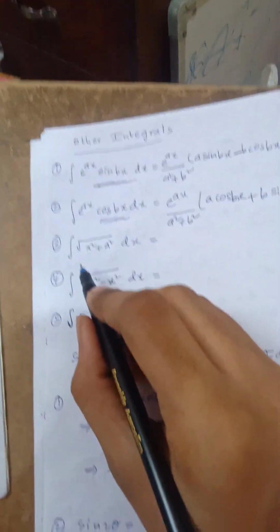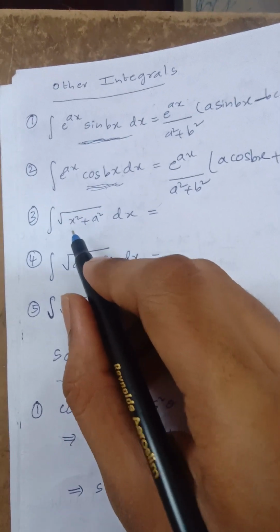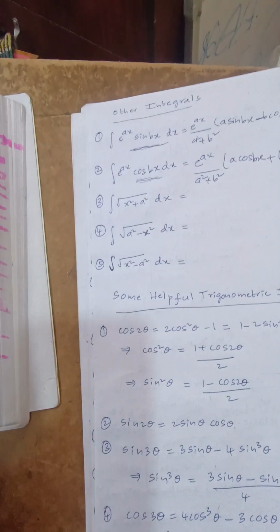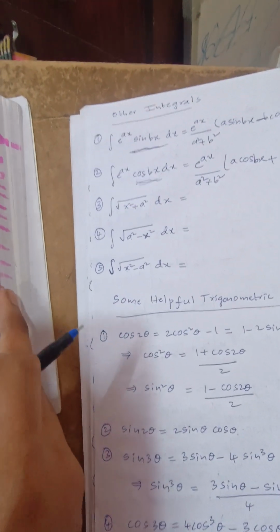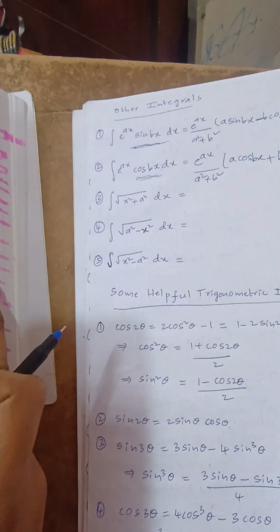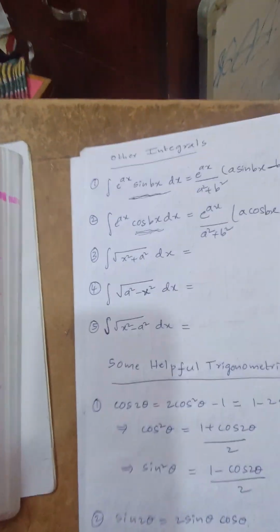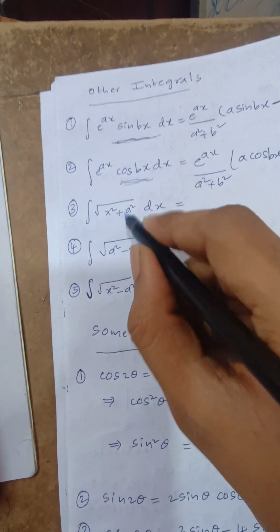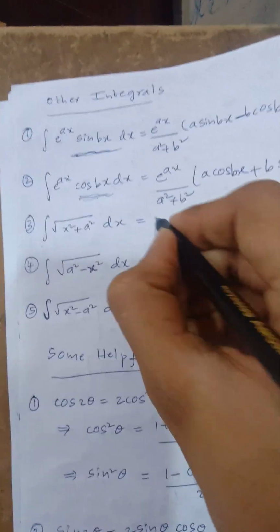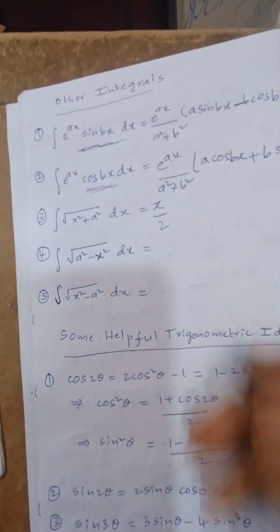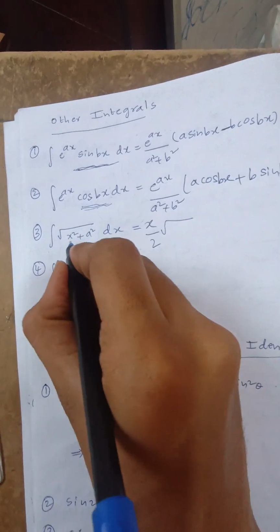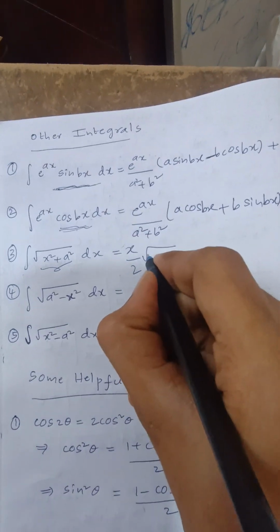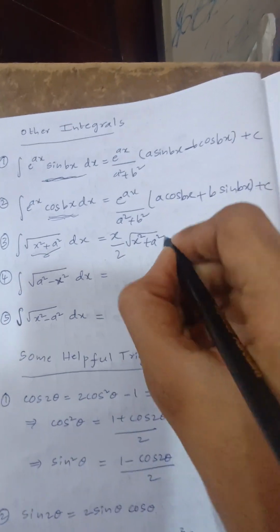Now coming to integration of root over x square plus a square dx. Usually these three types of integral formulas we have to write. Starting stage x by 2 we have to put, and similar thing: root over x square plus a square.